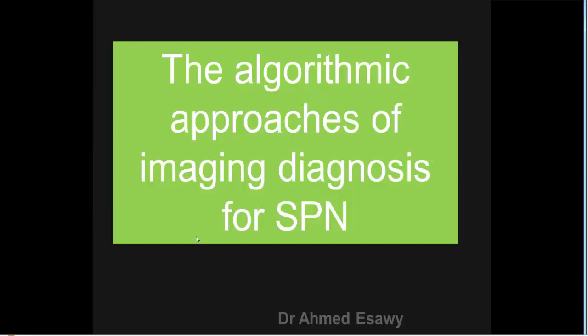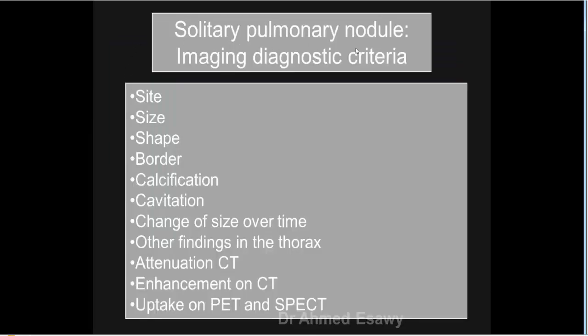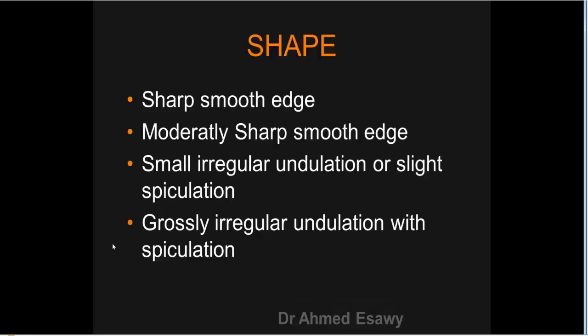Algorithmic approach to the solitary pulmonary nodule. Solitary pulmonary nodule imaging diagnostic criteria include site, size, shape, border, calcification, cavitation, change of size over time, other findings in the thorax, attenuation on CT, enhancement on CT, and uptake on PET and SPECT.